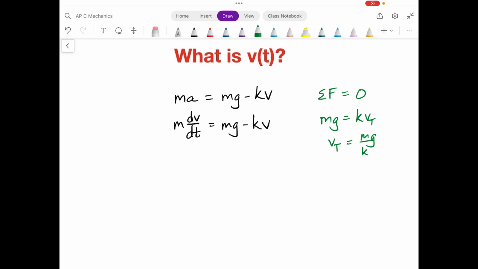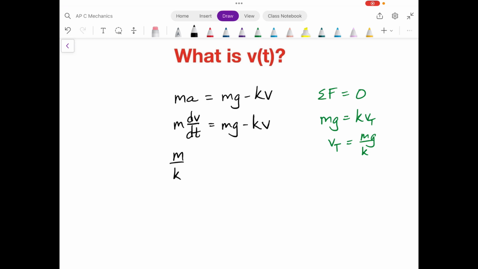I'm going to end up substituting that in here. I almost have that with this mg, but if I divide by k, then I would have vt, and it would also get rid of this k hanging out in front of velocity, which I don't want. So let's divide everything by k, both sides of the equation.